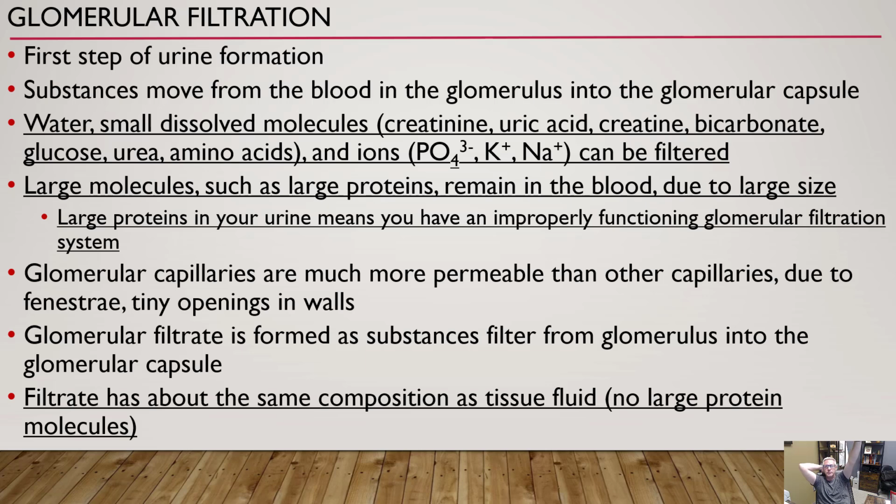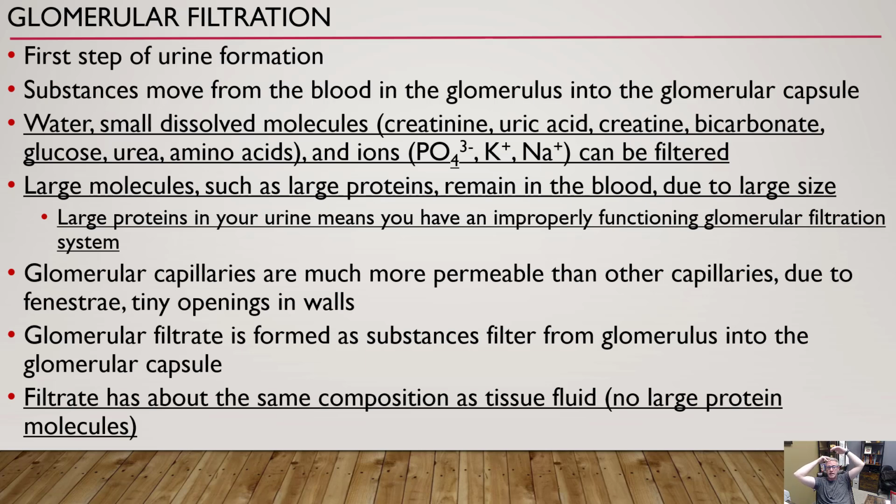Remember that the 20 liters that gets pushed out doesn't have any large proteins. So we call that 20 liters either tissue fluid or interstitial fluid. We can say that plasma is equal to interstitial fluid plus large protein molecules.